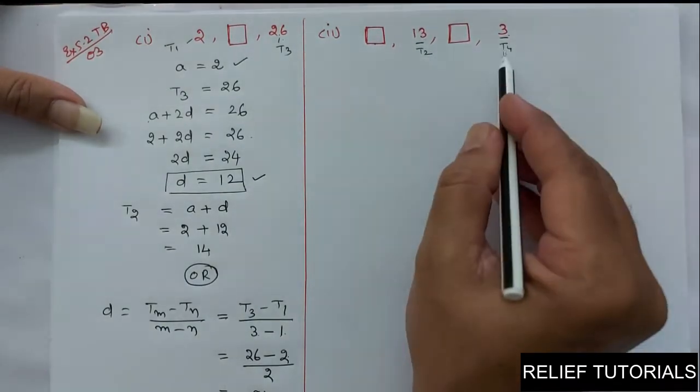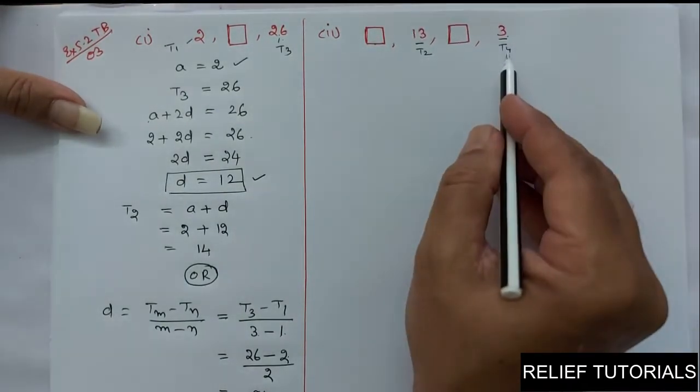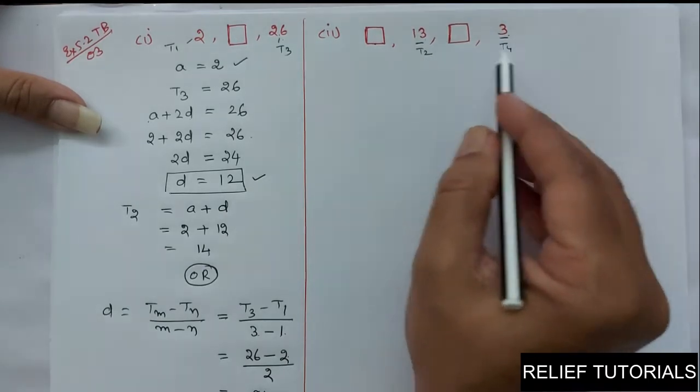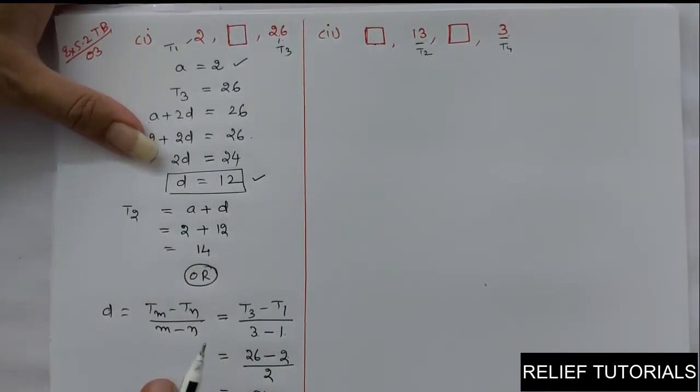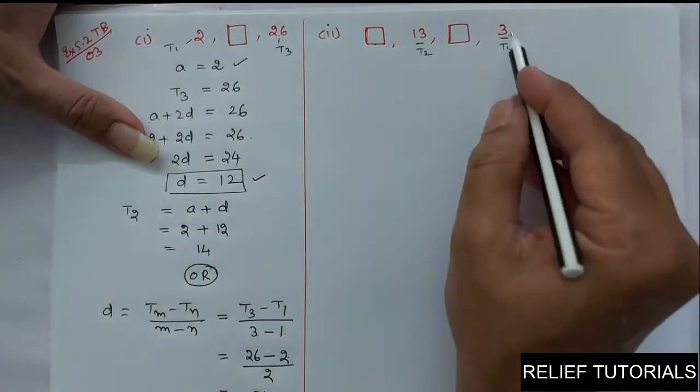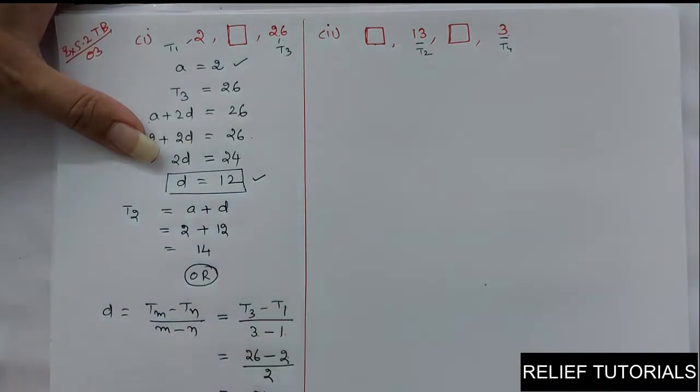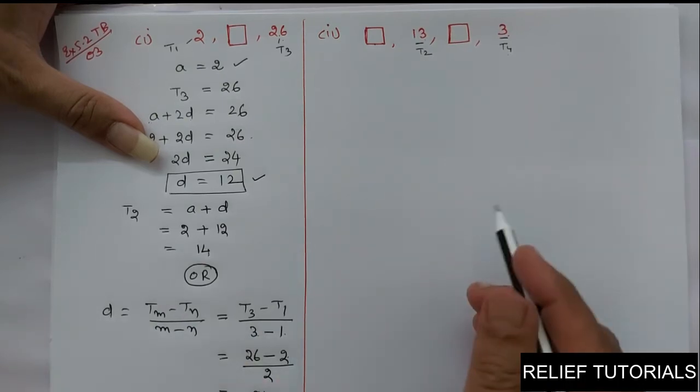So you have two terms, T2 and T4. Clear? In two ways you can do this. Directly, if you want to find the difference, you can use the formula. Otherwise, T2 equal to 13 and T4 equal to 3 give you two equations. You solve those two equations and you will get A and D. Have you got it, friends?